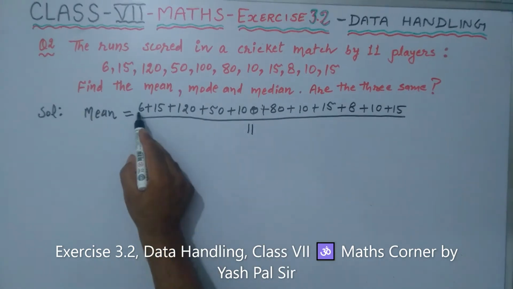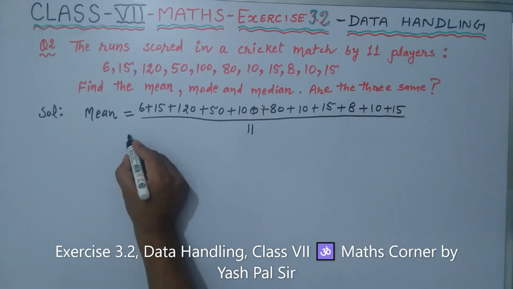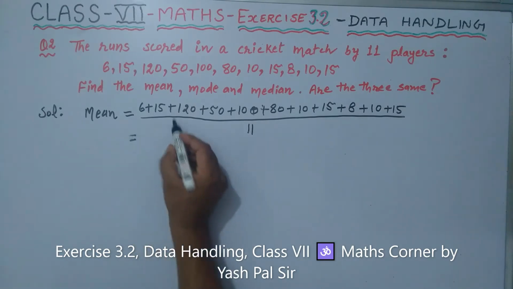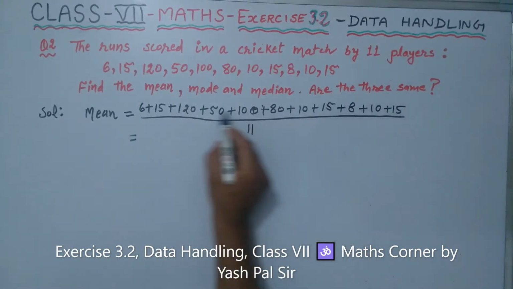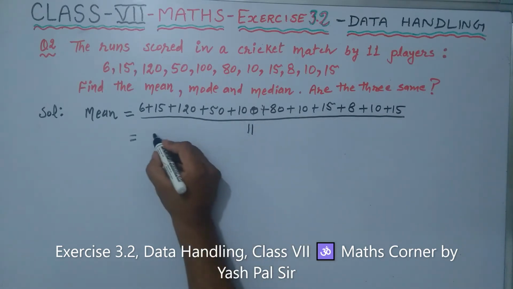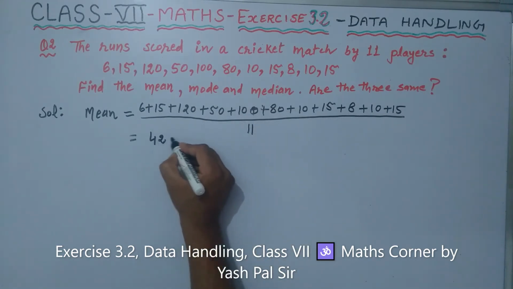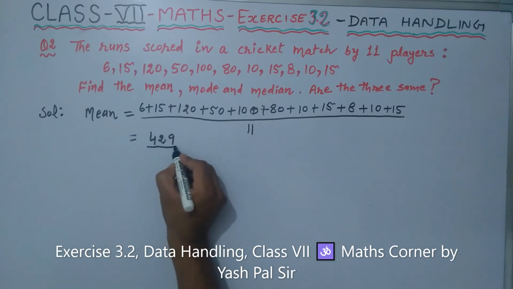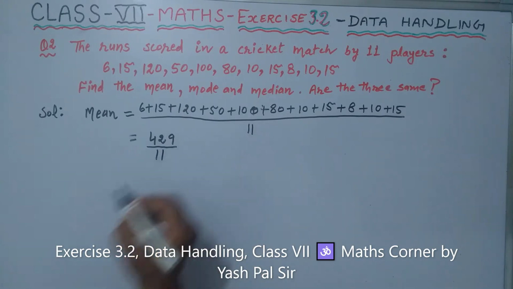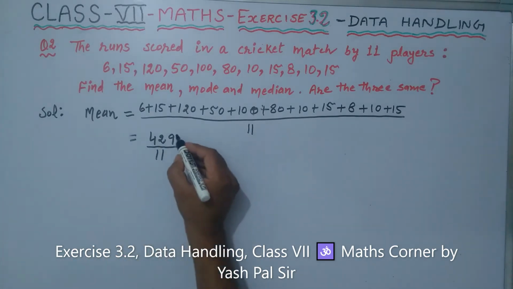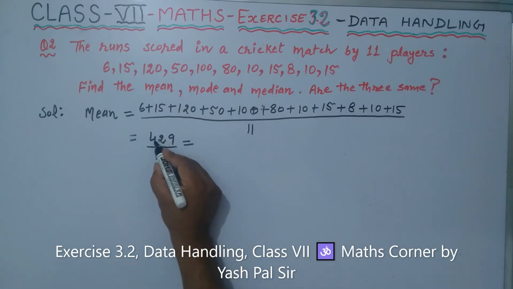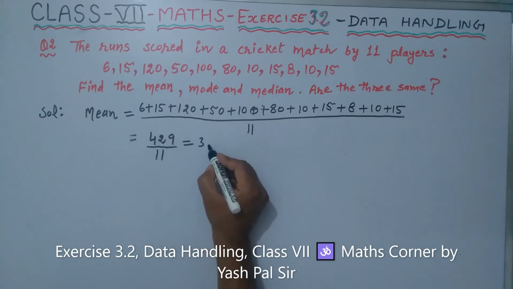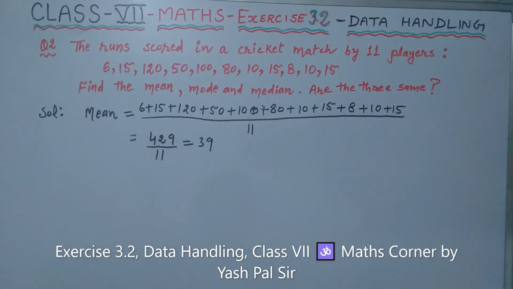So adding these observations, what is the answer? The sum of all these numbers is equal to 429. Divide this by 11. So finally what is the answer? 11 3s are 33, next is 11 9s are 99.